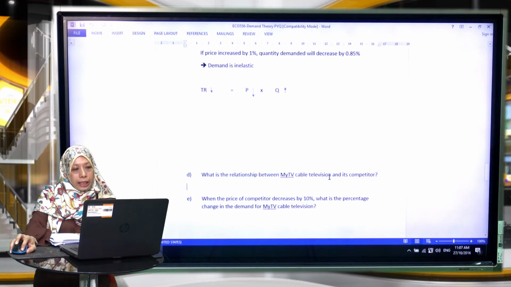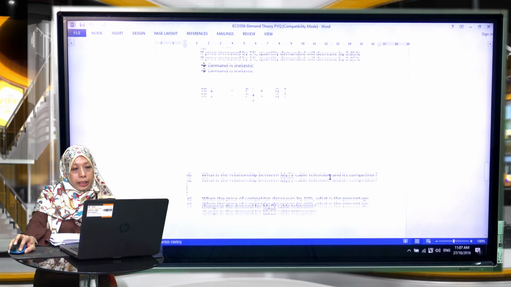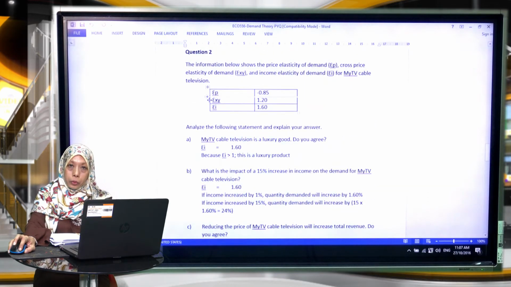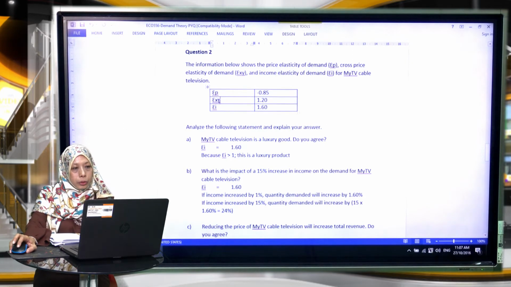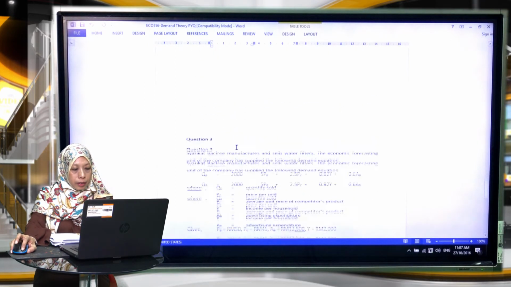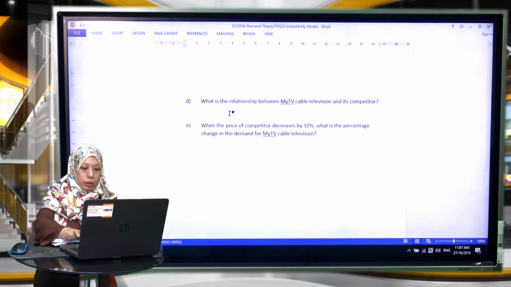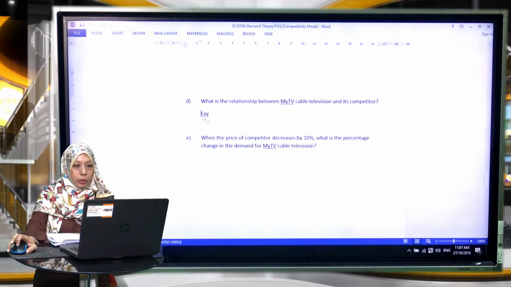Now, your cross elasticity coefficient is given as 1.2. So what does this tell you? Your cross elasticity of demand here is equal to 1.20. So that's your coefficient.